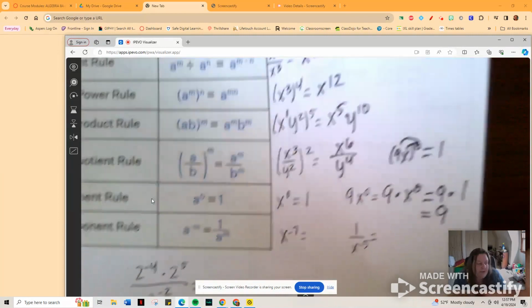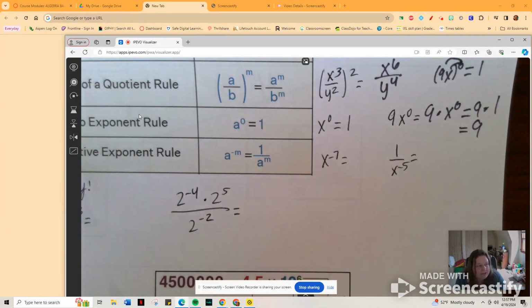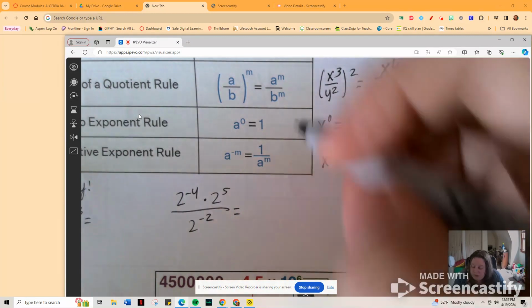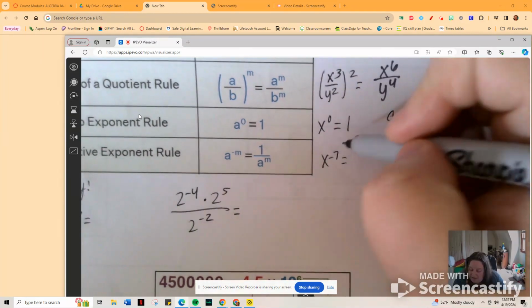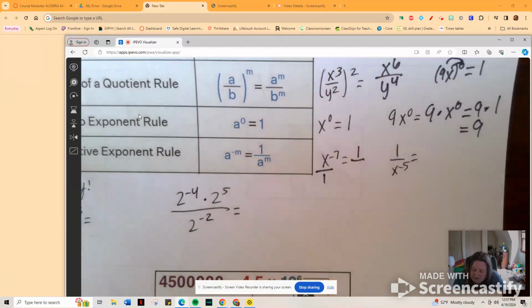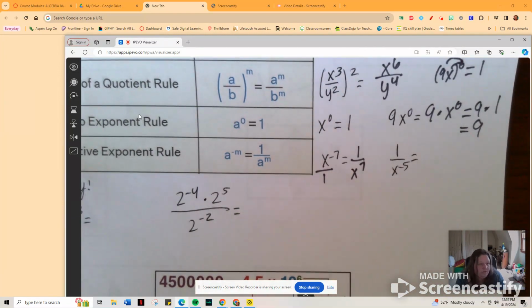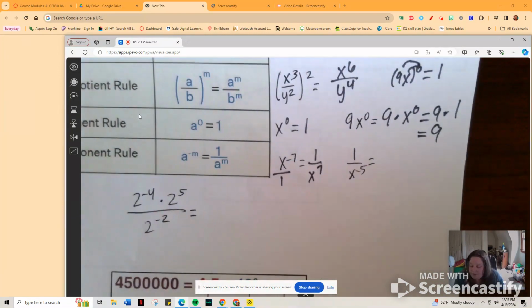When we're talking about negative exponents, in order to make an exponent positive, we take the reciprocal. So for example, if I have x to the negative 7, to make this positive, technically I would see this as over 1, so I would take the reciprocal or flip it. So now it would look like 1 over x to the 7th.